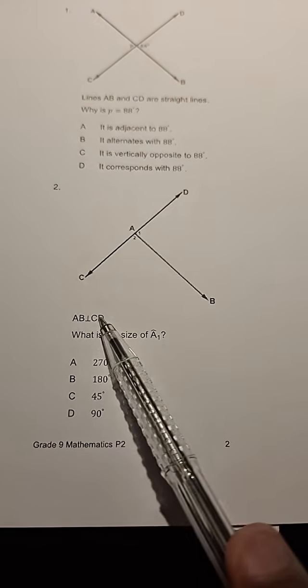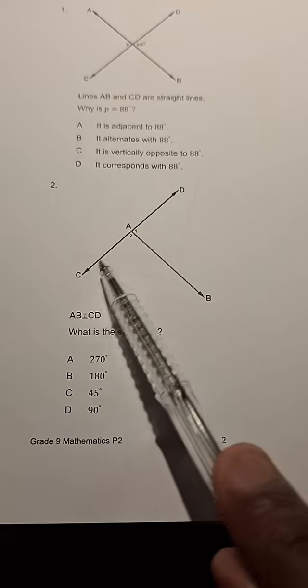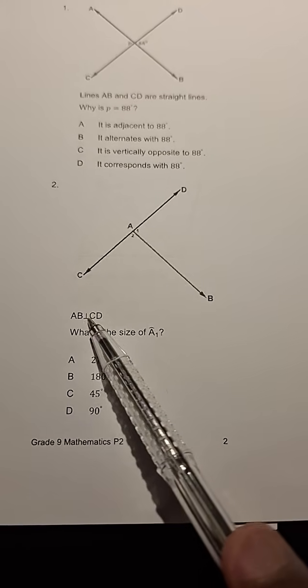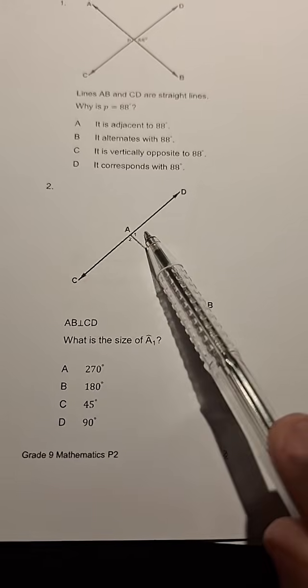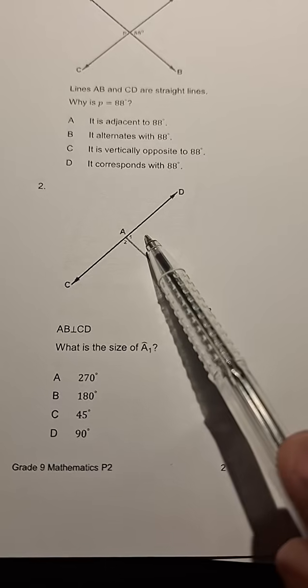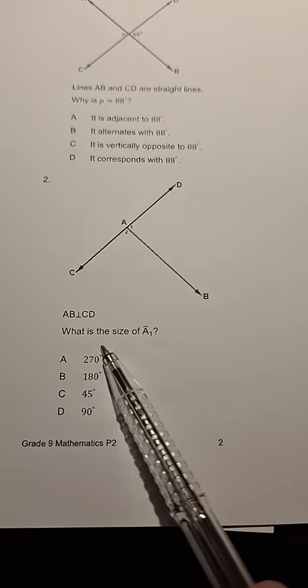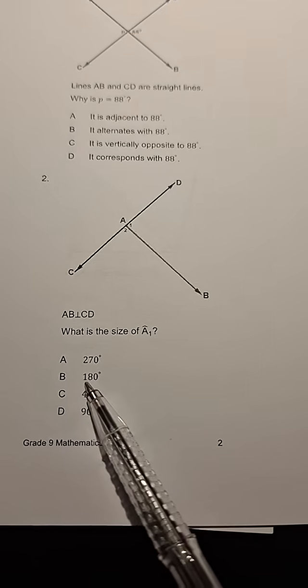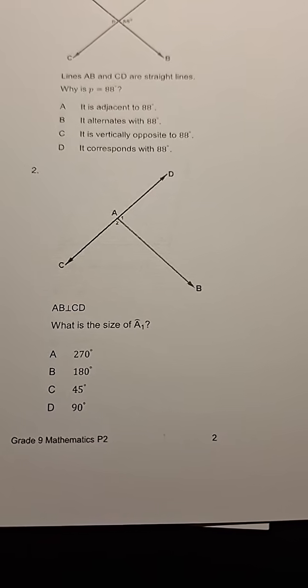So we repeat, AB is perpendicular to CD. Remember the symbol here means perpendicular. They're asking what is the size of angle A1. Guys, angle A1 is this angle on this side. Is it 270? Is it 180? C, is it 45? D, is it 90 degrees?